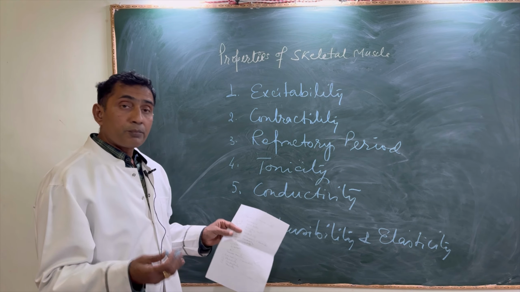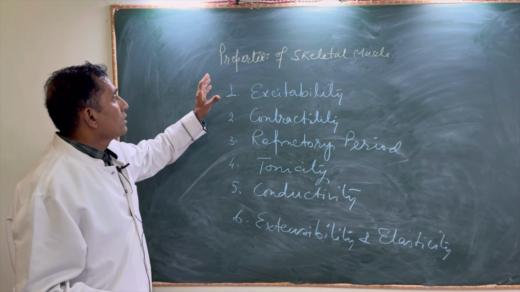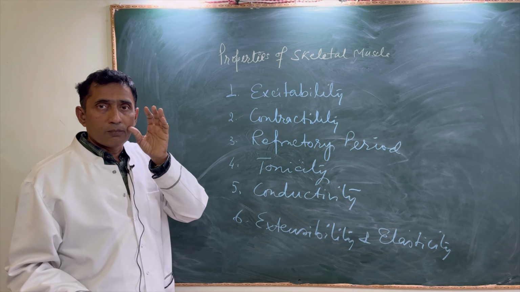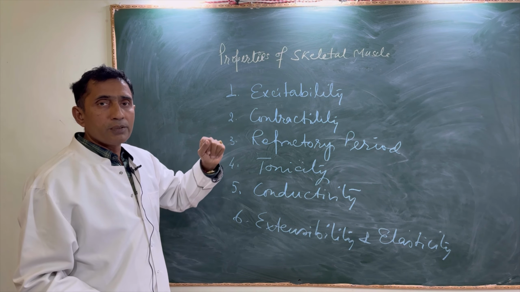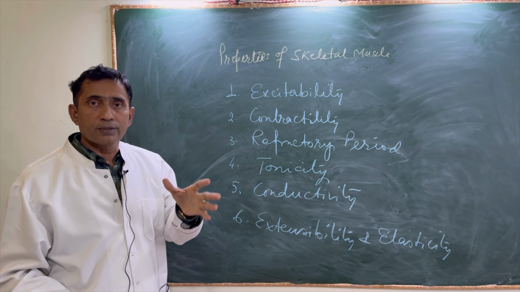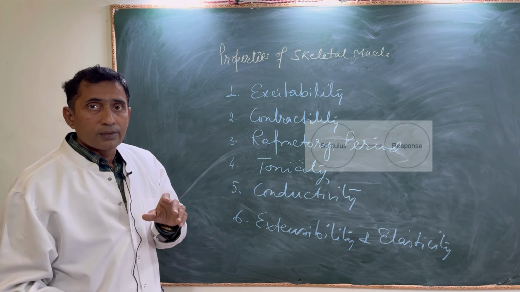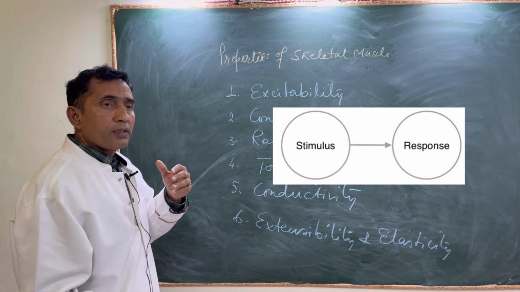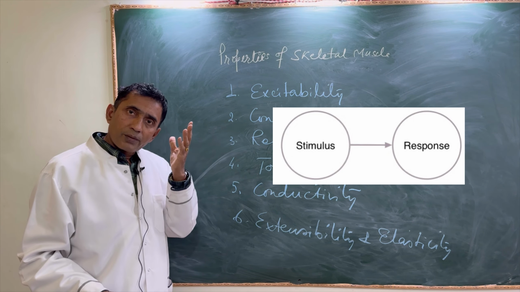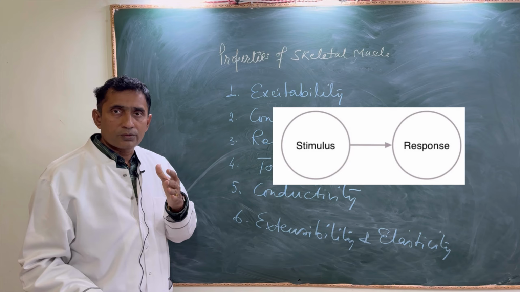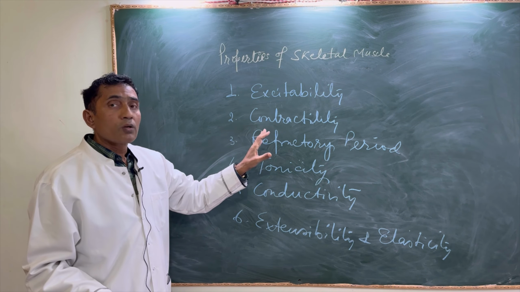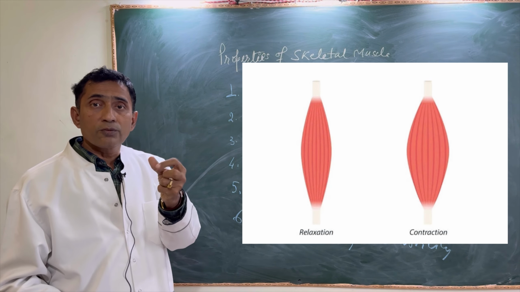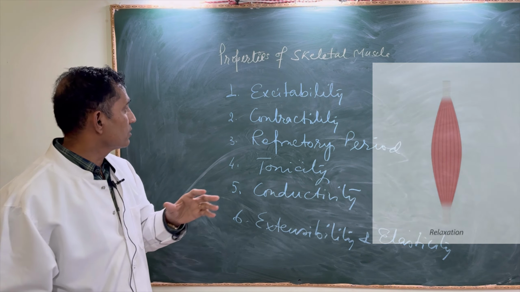If I say again, what are the properties of skeletal muscle? Excitability: if we stimulate, it can be excited. So after stimulation there will be a response. If we provide a stimulus, there will be a response. Excitability. Contractility. Response means there will be a contraction followed by relaxation.